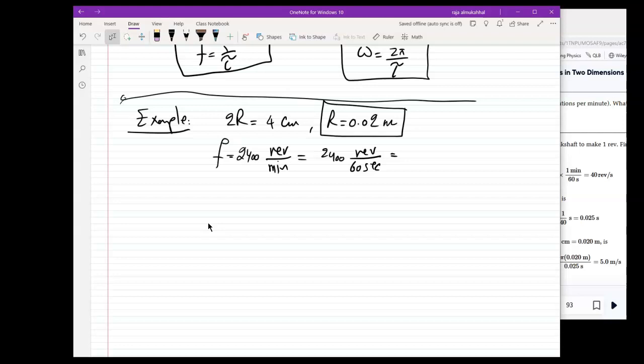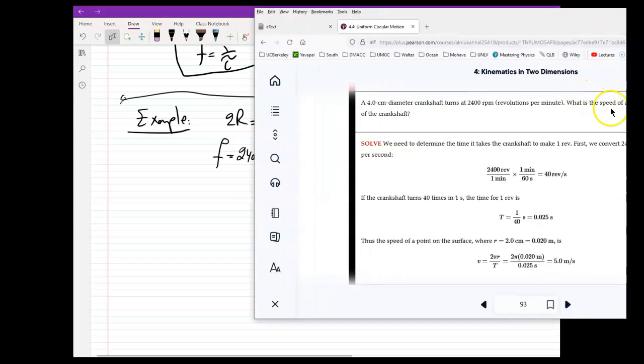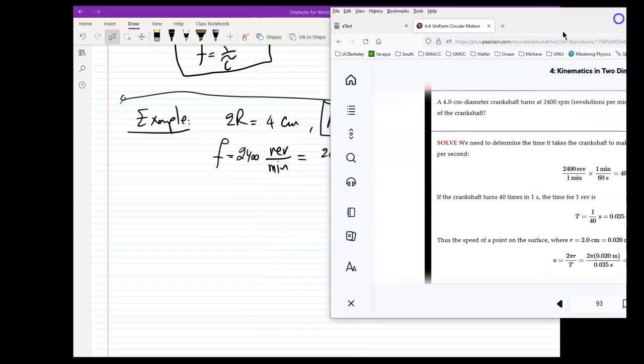Divided by 60, and that will be equal to 40. 40 what? 40 rev per sec. And this rev per sec we refer to as the hertz. So that's 40 hertz, Hz. Okay? So we are given that. And now he's asking the question, what is the corresponding speed? You get that? He said, what is the speed of that thing?